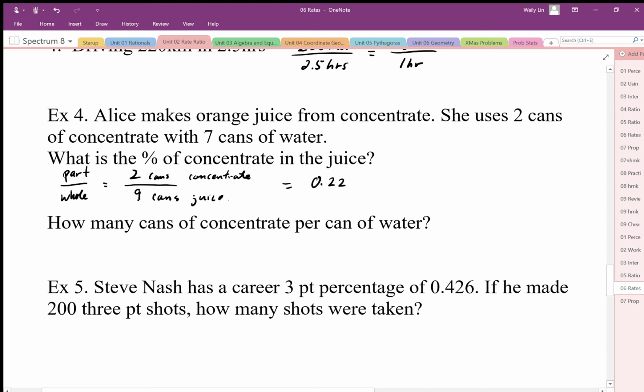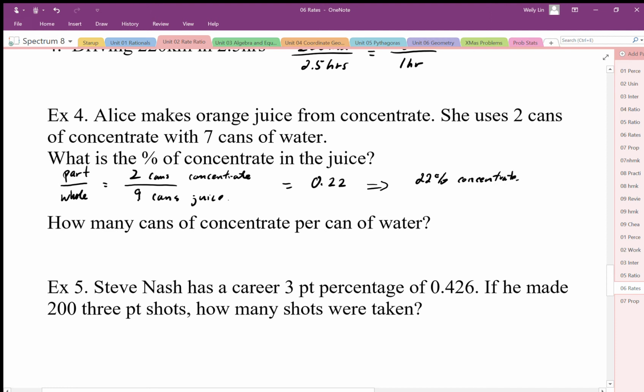Okay, so as a rate, we could write, say, 0.22 cans of concentrate per 1 can of juice. Okay, but we can also convert that to a percentage, or 22% of the juice is concentrate.